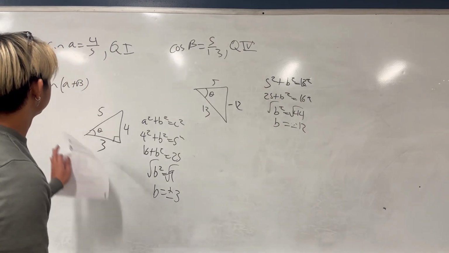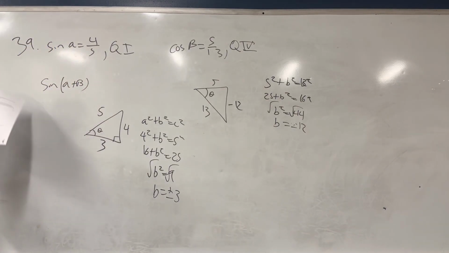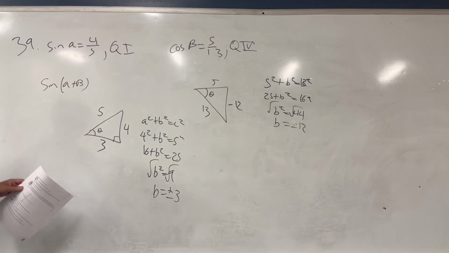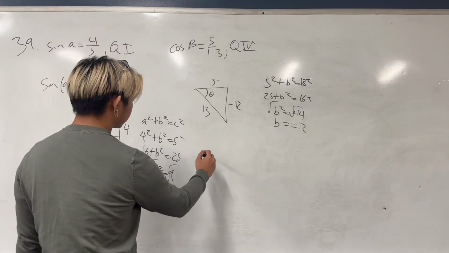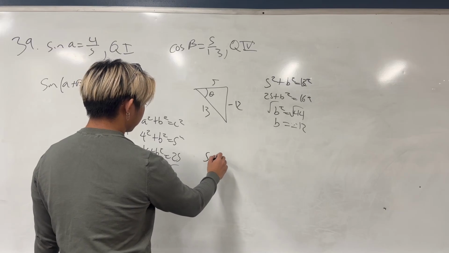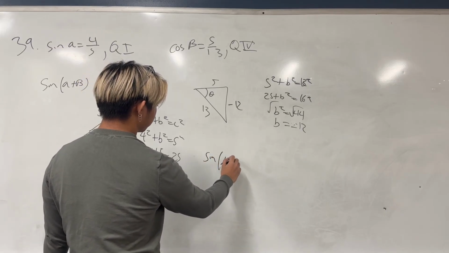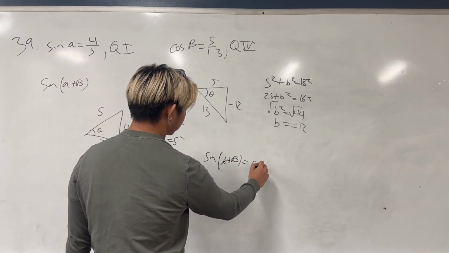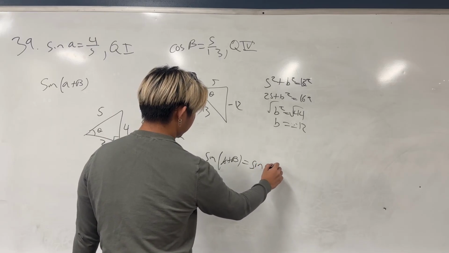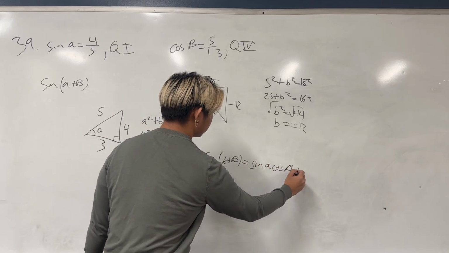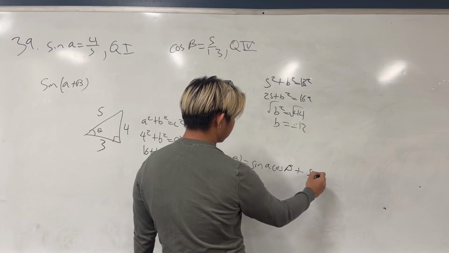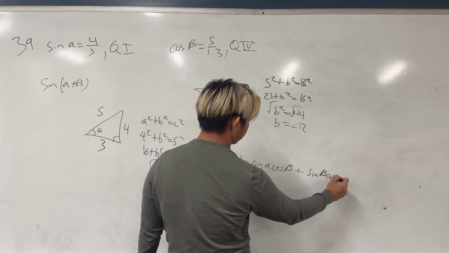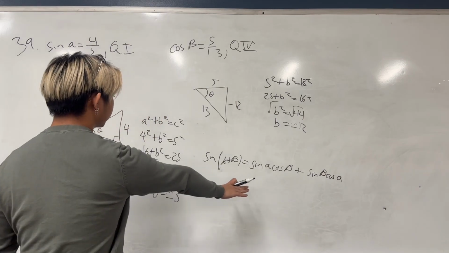And then sine of alpha plus beta. What was the formula? Oh my god, we just had it. I think sine alpha plus beta is equal to sine A cosine B plus sine B cosine A. So sine A is what?